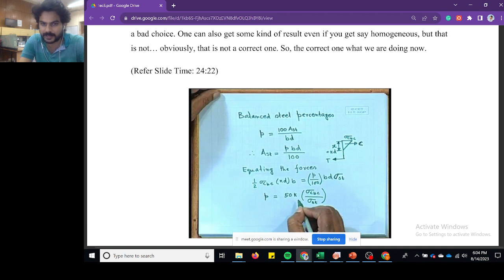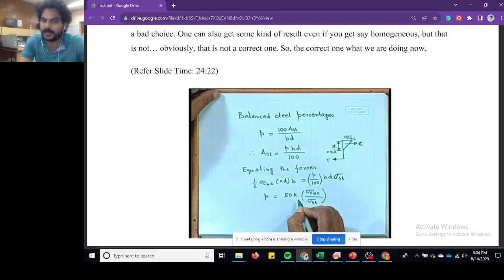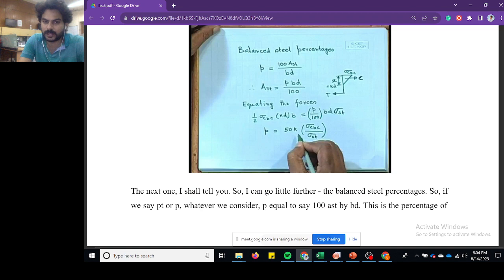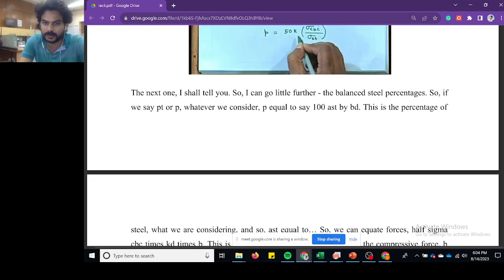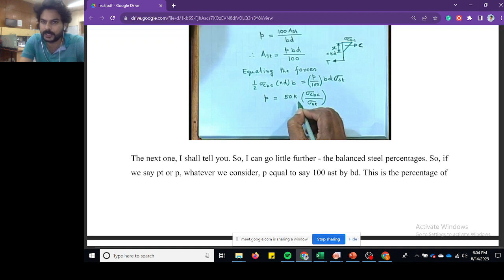This is written as P into BD, and then equating the forces, we have calculated P is equal to 50 K by sigma CBC by sigma ST. That also sometimes we use to solve the examples. Okay, this also you can remember: half sigma CBC K BD is equal to P by 100 BD sigma ST.